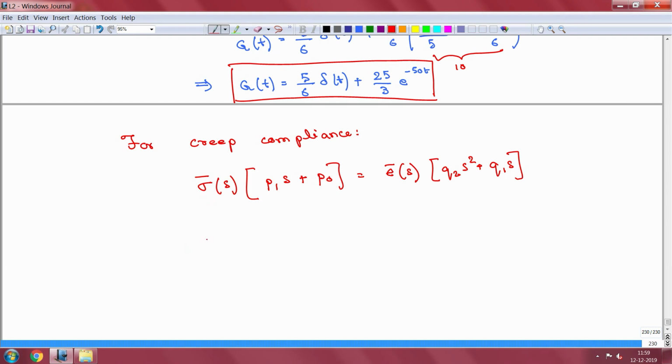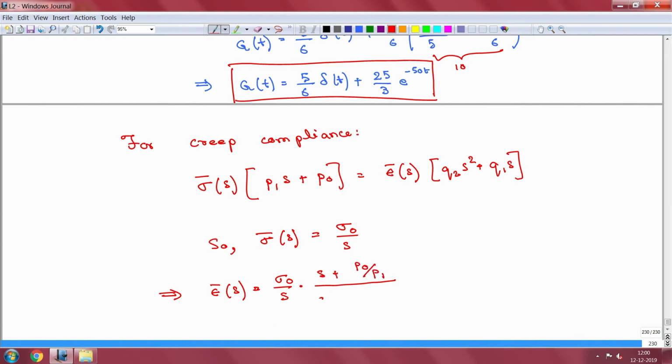So, the Laplace transform of the stress function is simply sigma naught by s, right. So, this implies that epsilon bar(s) is equal to sigma naught by s multiplied by, here you have s plus P naught by P1.